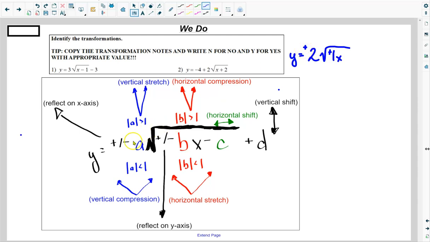That's my sign, A, the square root, then the sign, that's B, x. Now I need a minus, but they have a plus, so I'm going to put minus negative 2. After that, on the outside, I should have a plus D, but I have a minus 4, so I'm going to put a plus negative 4.